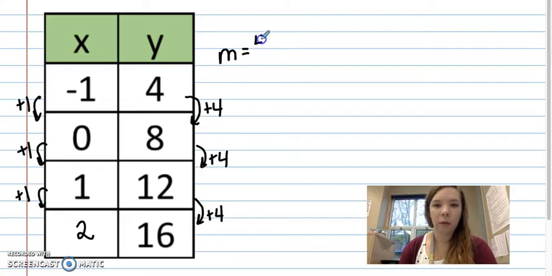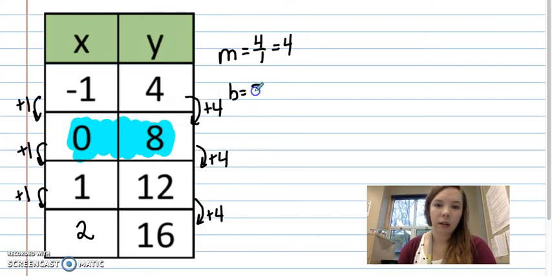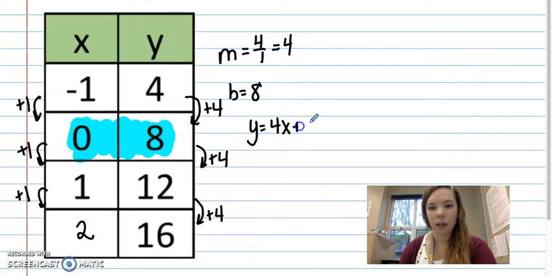So my slope would be 4 over 1, because you put the change in y on top, which is 4. Then my intercept is wherever x is 0. So on this table, right here, x is 0 and y is 8. So my intercept is 8. That would make my equation y equals 4x plus 8.